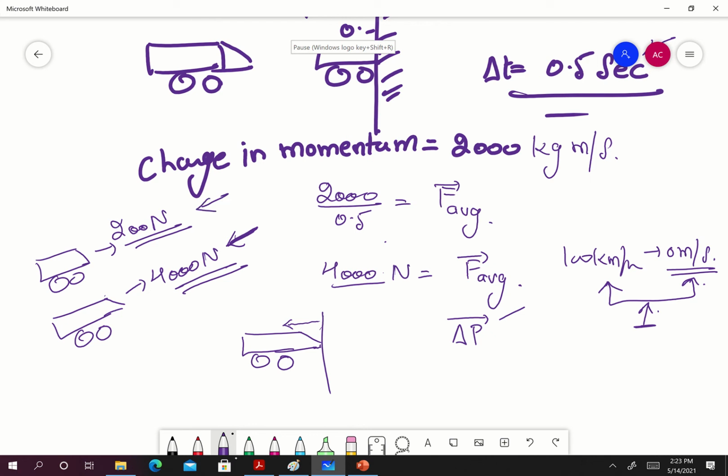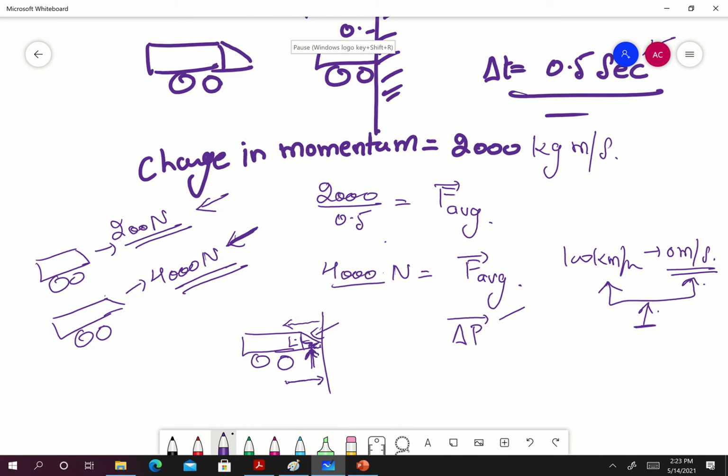And thus, nowadays cars are designed in such a way that the front portion of the car crashes. So if the front portion crashes, this car will slowly keep on moving in the forward direction, and that will increase the time period even by a split second, but that will be a big help.